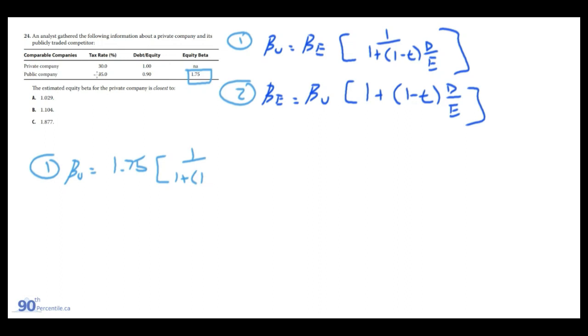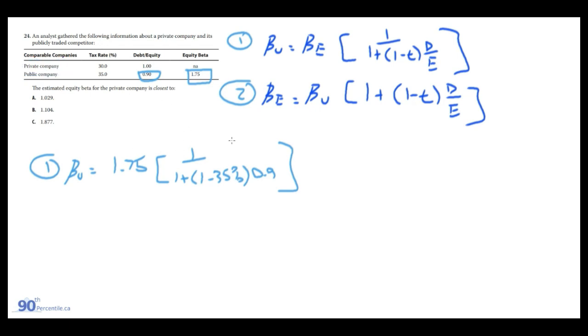And the t is this company's tax rate, not our tax rate. So 1 minus 35%, times this company's debt to equity ratio, which is 0.9. So it's very important when you're unlevering the beta to do it for the public company, not the company of consideration.